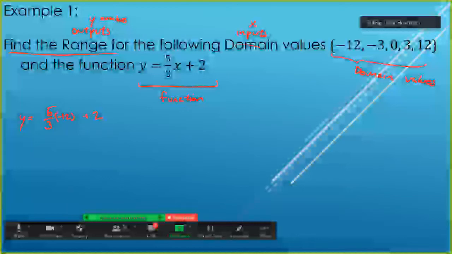So we're taking our whole function, 5/3 times x plus 2, but we're plugging in or substituting the first x value, the first domain value, in for x. Now remember, when we're multiplying a fraction by a whole number, essentially what we can do is multiply the top times the whole number.